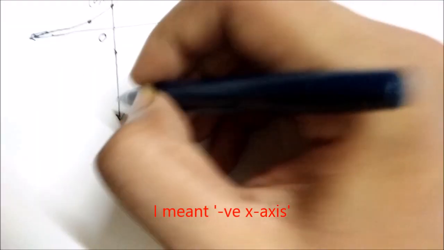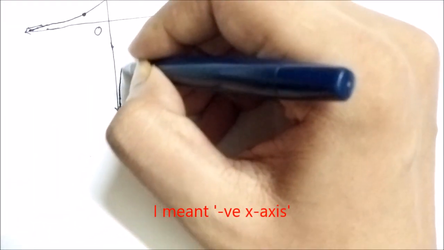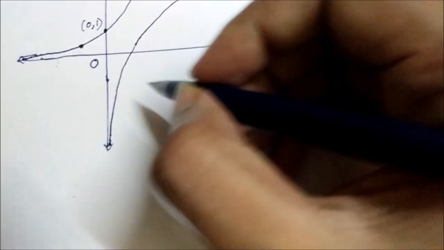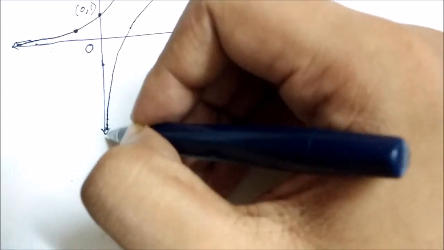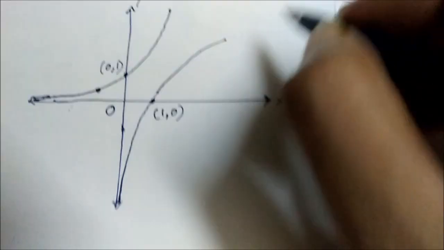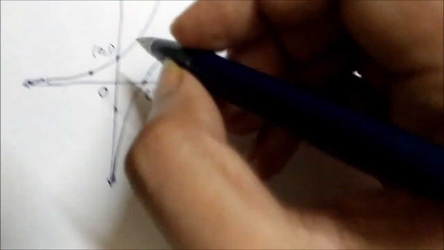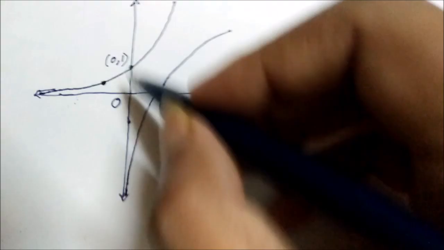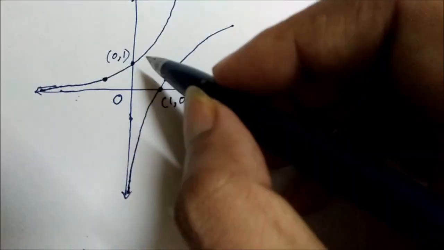The curve never touches the negative x-axis, it tends to it. For log x, this also tries to be close to the negative y-axis, and it cuts the x-axis at the point (1, 0), obviously, and it goes like this. So it must be somewhere around here where the shortest distance lies.